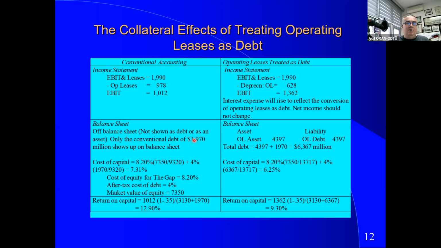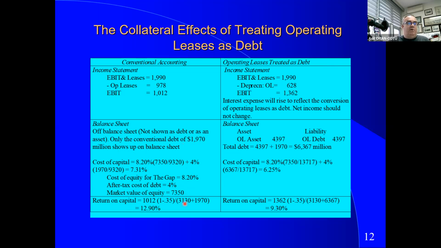However, right now it looks, under conventional accounting, as if they only have 1.9 billion in debt. Their cost of capital comes out to be 7.31%. Cost of equity, 8.2%. After-tax cost of debt, 4%. Market value of equity comes out to be 7,350.